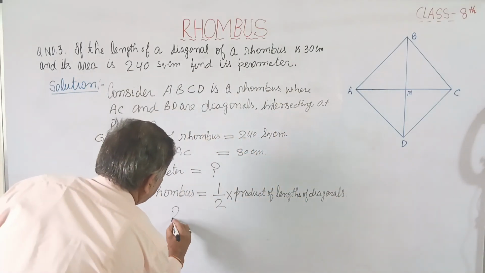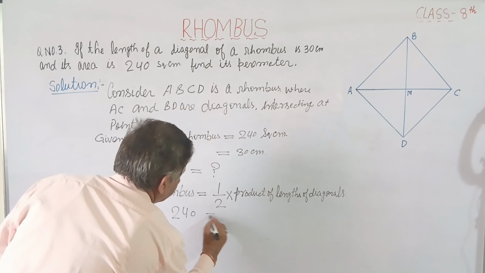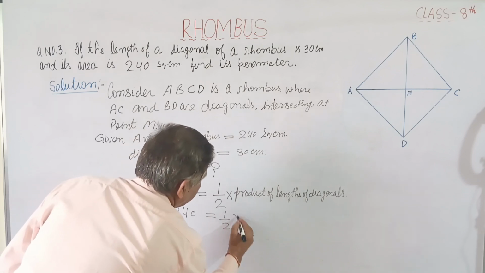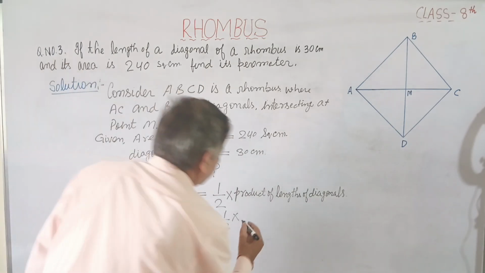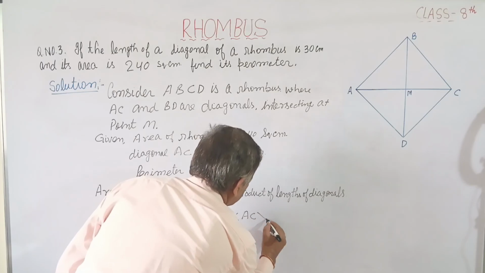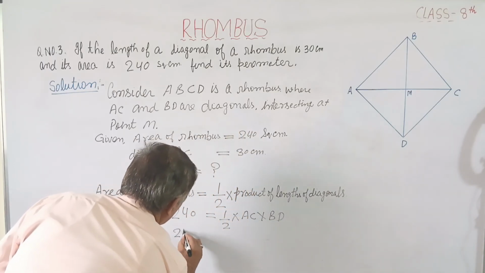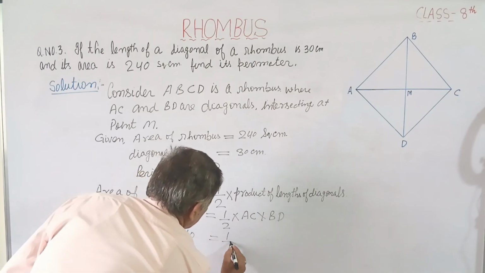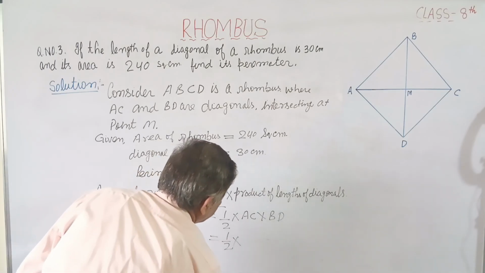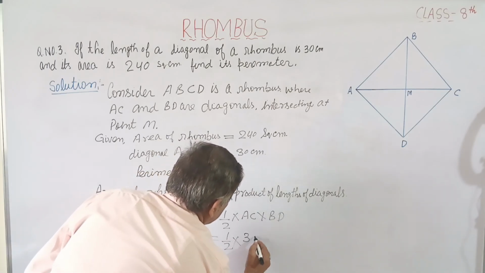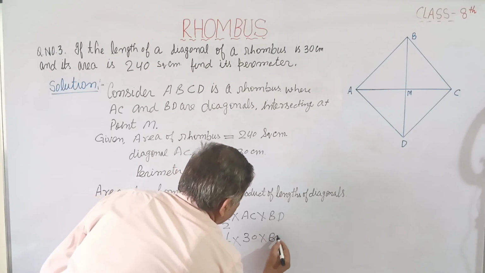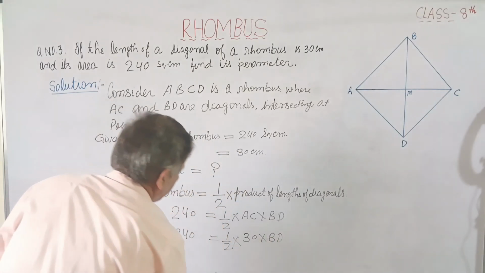So here area of rhombus is 240, 1 by 2 AC into BD. 240 equals 1 by 2 into AC is 30, BD we have to find out.